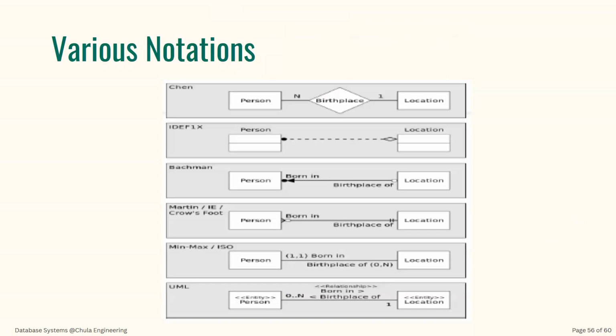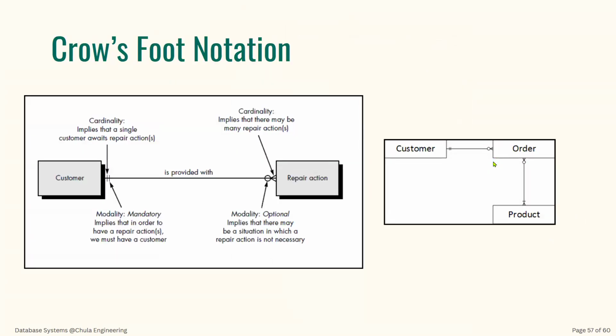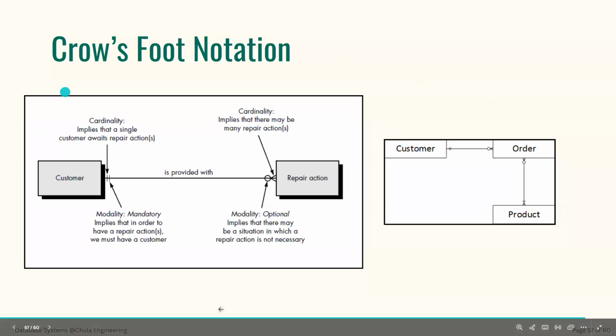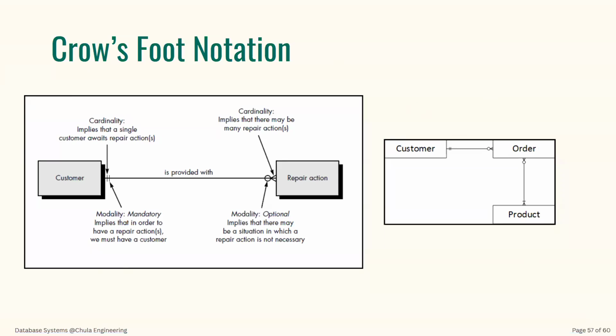And here is the notation I use in this slide. Mostly we'll call this Chen notation, but you probably saw the rest used somewhere else, which is actually the same. And the one that you probably see would be Crow's Foot notation. You won't see much of it in this class, but if you see something like this with other ER diagrams, like when you're working on an internship or something, you probably see this.